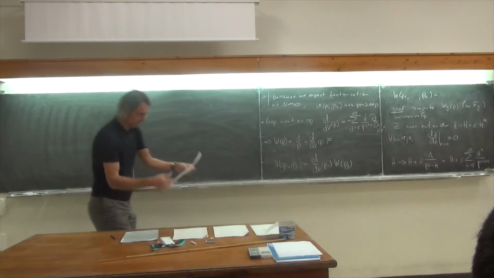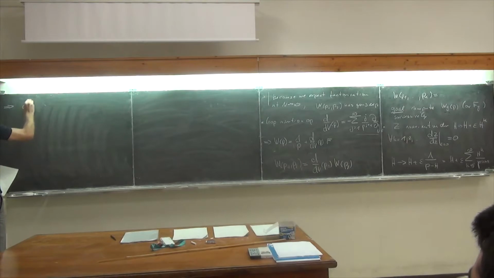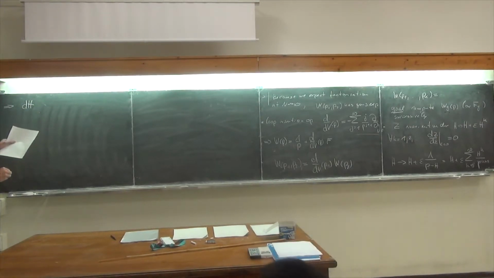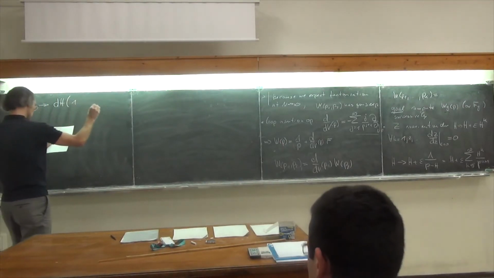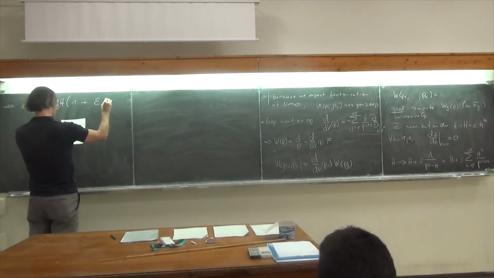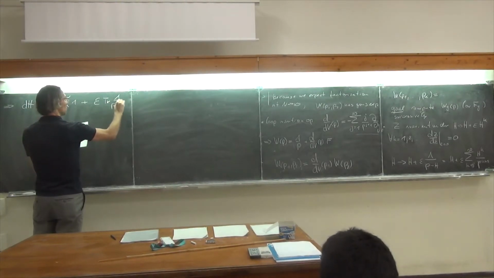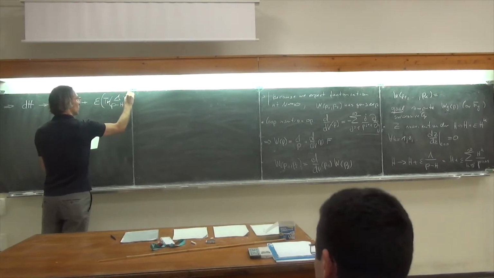So, now we claim that this implies that dH, which is our product of independent variables, will change to dH times 1 plus epsilon trace 1 over p minus H squared.